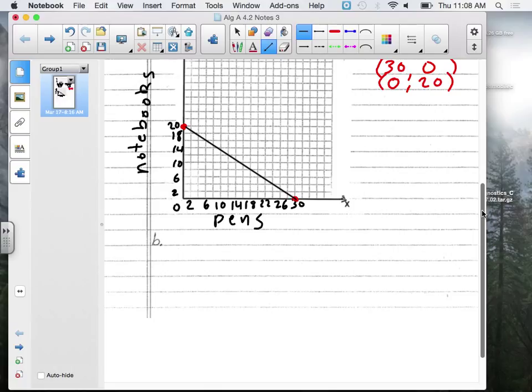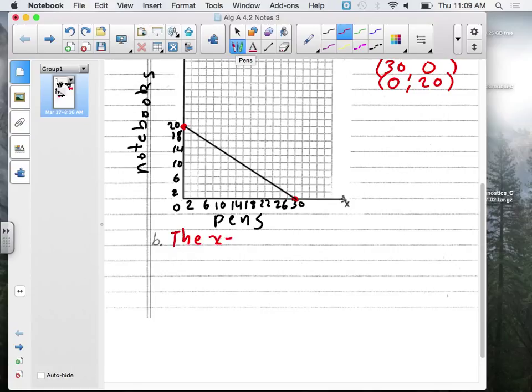Our x-intercept of 30, 0, Michaela said that represents how many pens and notebooks are bought. It says that ordered pair 30, 0, so you guys have to be specific, so listen carefully.